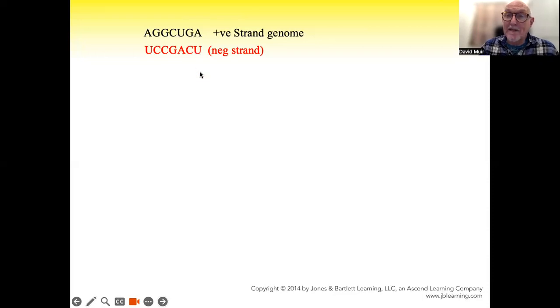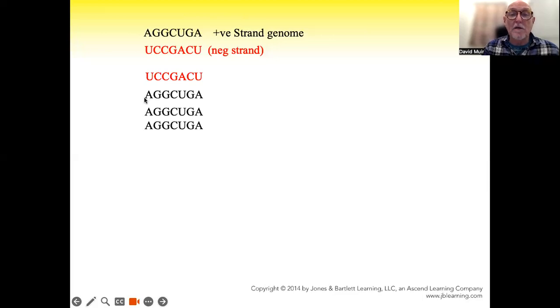So this is exactly what happens. This positive strand genome is transcribed as a negative strand. So here it is. From that negative strand, we can produce a whole lot of copies of the positive strand. And those positive strands have two functions.